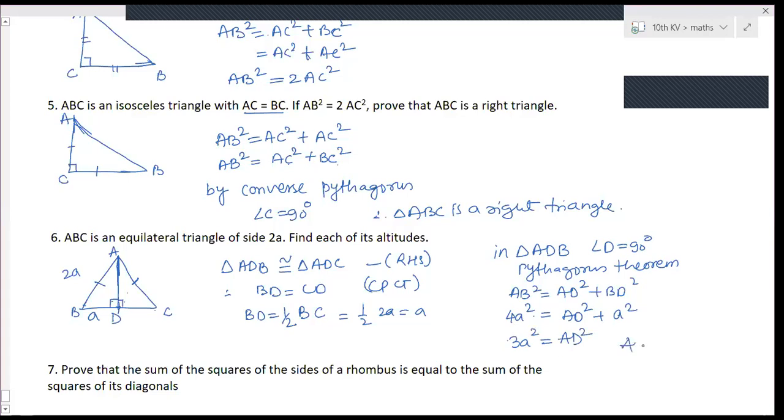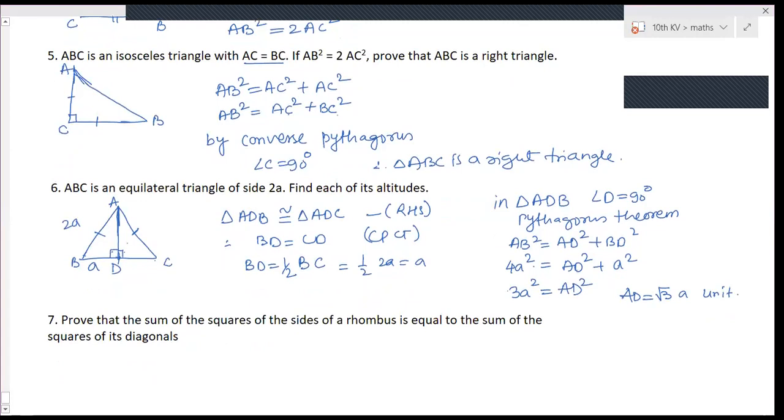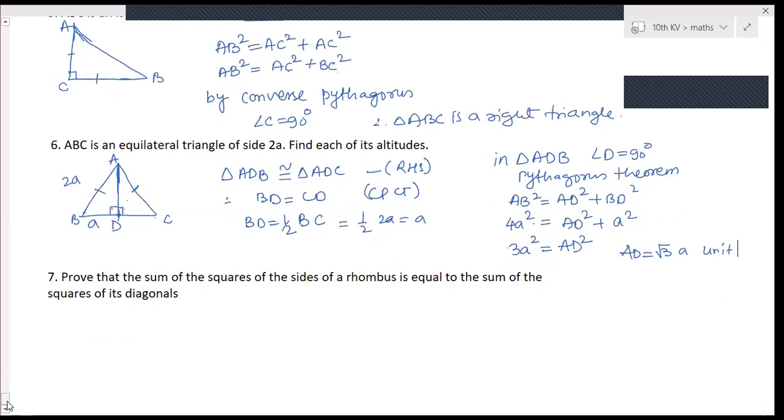So what is AD value? Root 3 A units. Completed? Yes, ma'am.